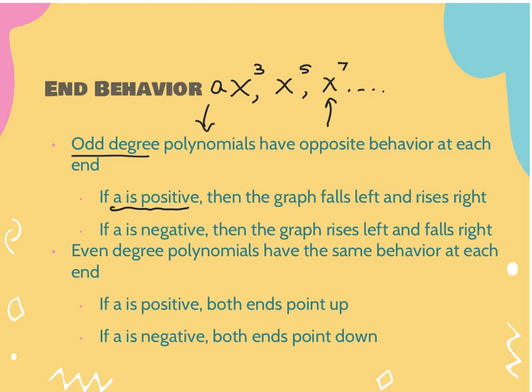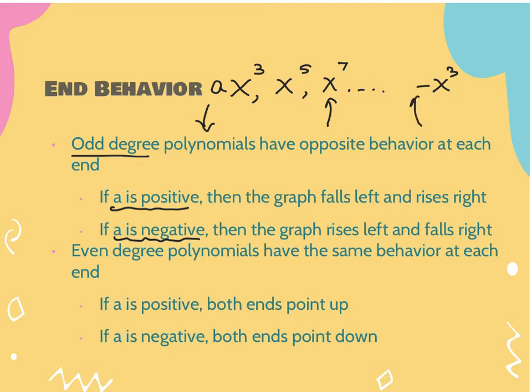So we already know how it's going to behave on the ends. What we have to figure out is how it's going to wiggle in the middle. Now, if the a term, or the number in front of your x to the third power or x to the fifth power, whatever odd exponent it is, is negative, then my end behavior is going to flip.